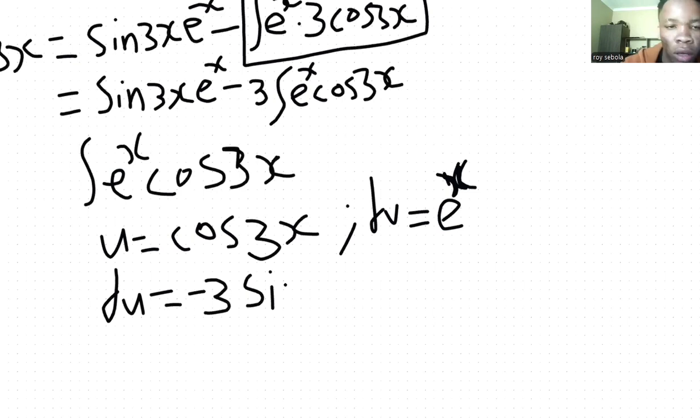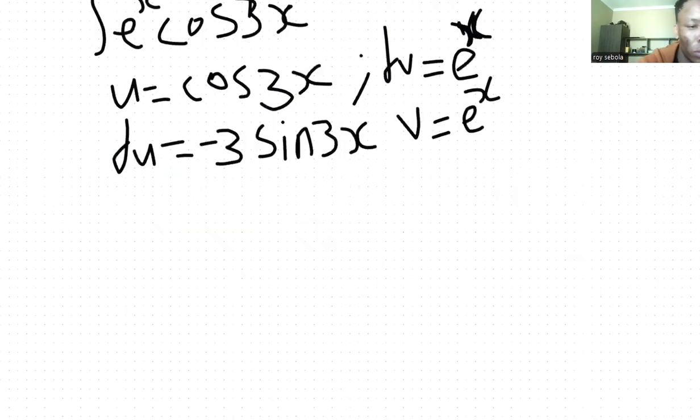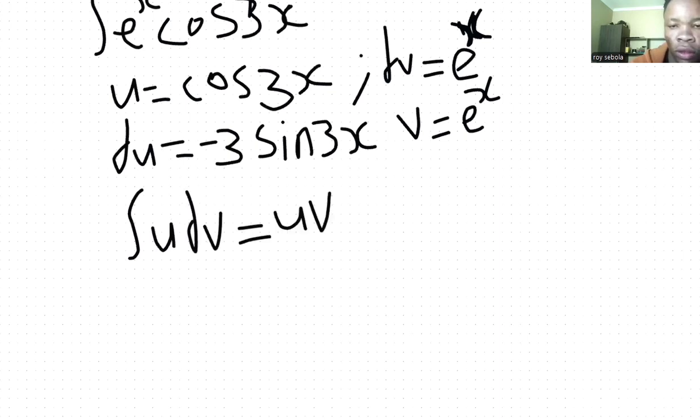Now let's substitute this into the formula that says u dv is equal to uv minus the integral of v du.